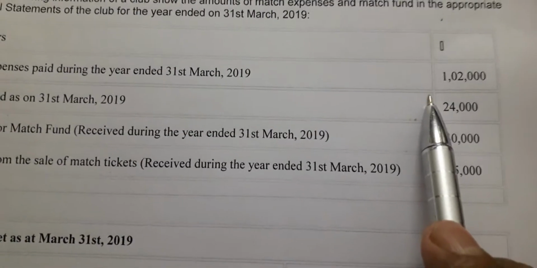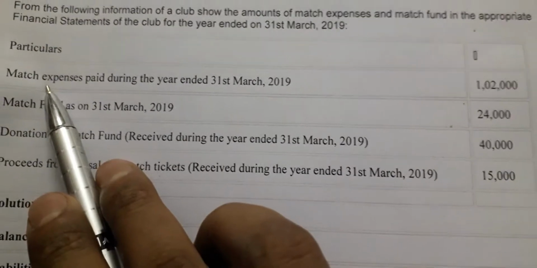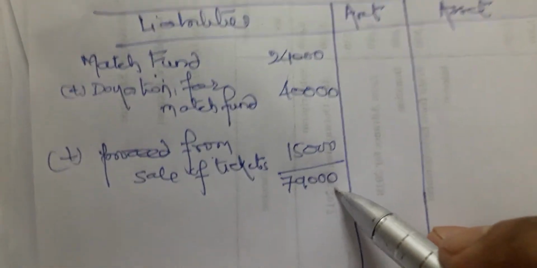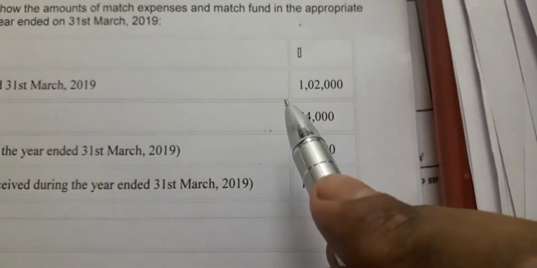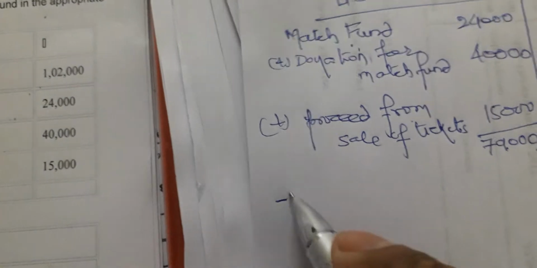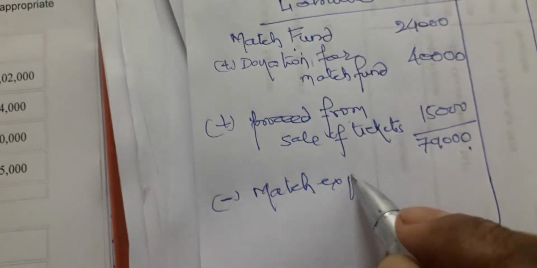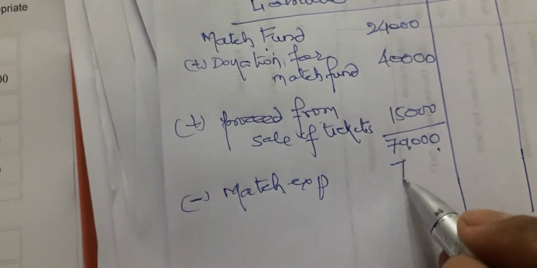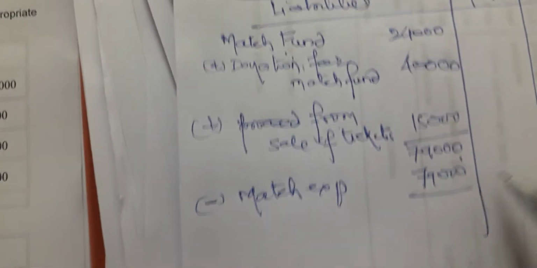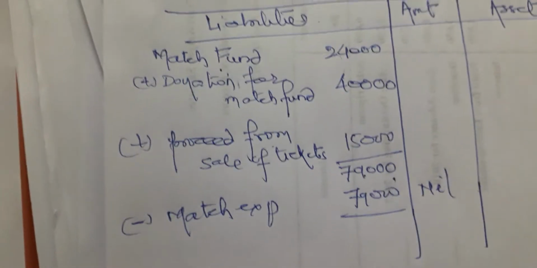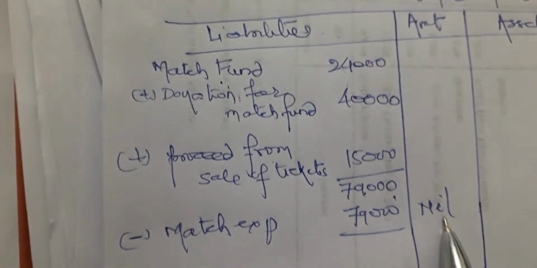We have spent 1,02,000 in the form of match expenses, but we have fund available only of 79,000 rupees. So out of these 1,02,000 rupees, match expenses of only 79,000 rupees will be adjusted, and the balance in match fund will be nil.